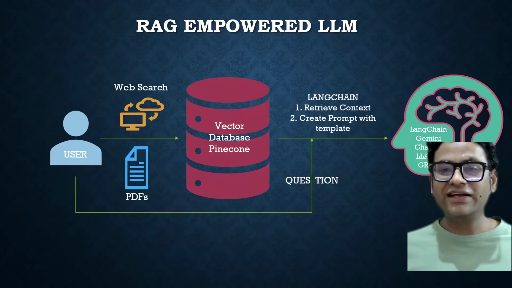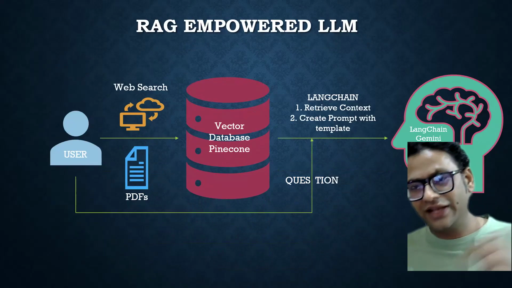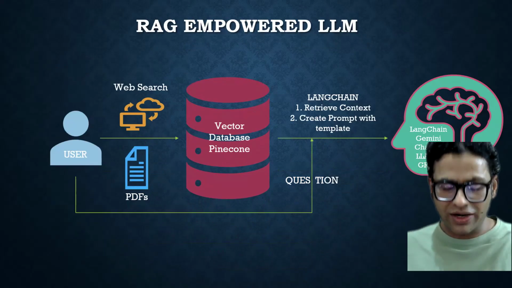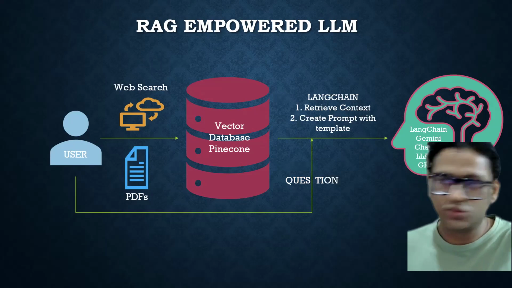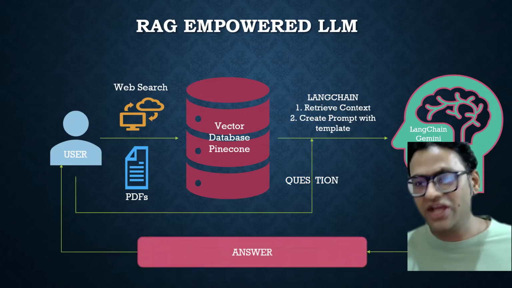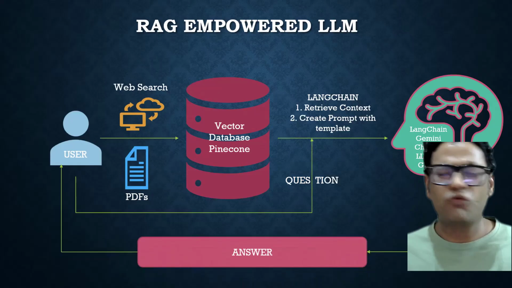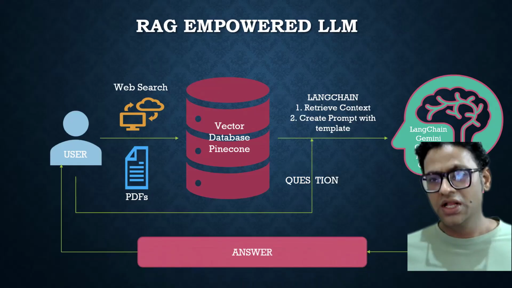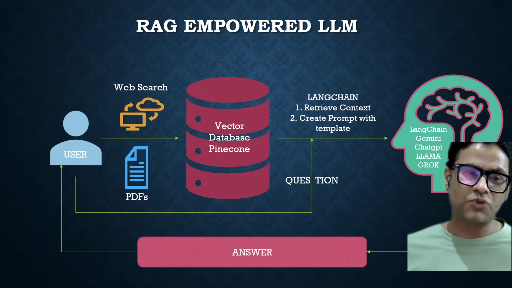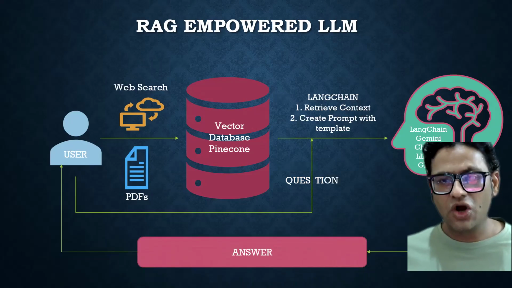So what it does first is retrieve the context, then create a prompt where my query and context get merged, and send it to the large language model like Gemini, ChatGPT, Llama, Grok, DeepSeek, whichever AI model you want to use. Then it collects the data and responds back to the user. So this is what the high-level workflow looks like.